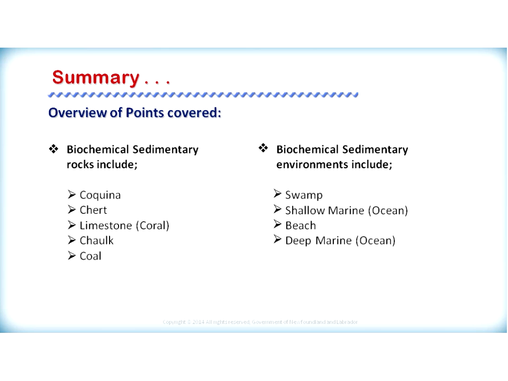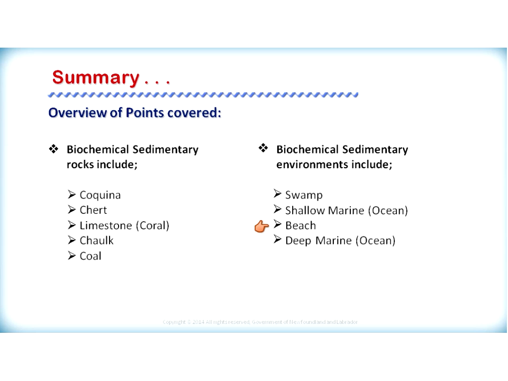An overview of the points covered. Biochemical sedimentary rocks include such rocks as coquina, chert, limestone, chalk, and coal. These rocks can form in different types of sedimentary environments, such as coal can form in a swamp environment. Shallow marine ocean environments can form limestone, coral, and coquina.